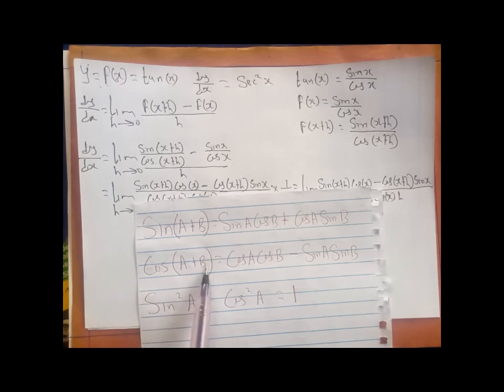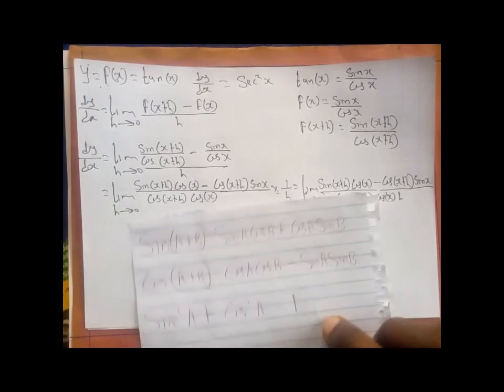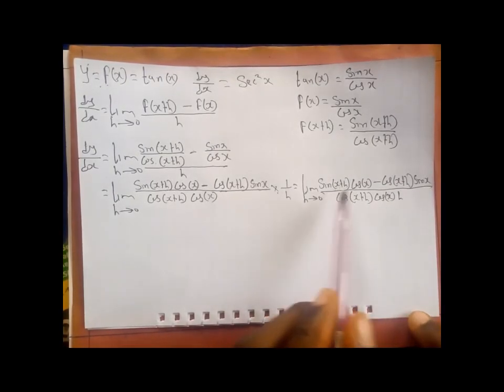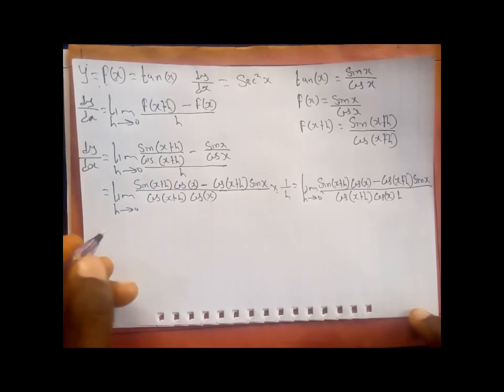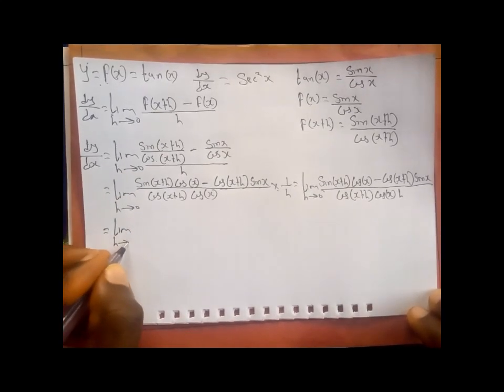Similarly, the cosine of the sum of two angles is cosine of the first times cosine of the second minus sine of the first times sine of the second. So it's easy for us to simplify sine x plus h and cos x plus h. So therefore, we have the limit as h approaches 0.